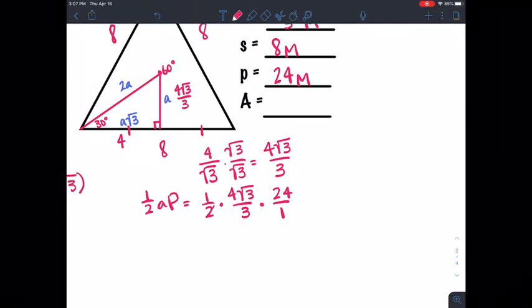So the 2 will bring the 4 down to a 2. And this 3 will simplify with the 24 to give me an 8. So now I just have a bunch of 1s in the denominator. And now let's multiply our outside numbers on the top. 1 times 2 times 8 is 16. And then we bring in the root 3.